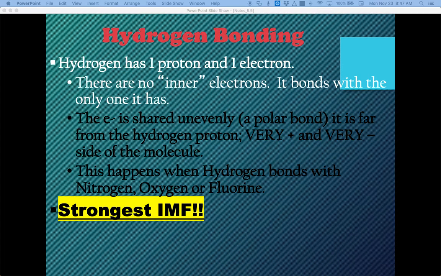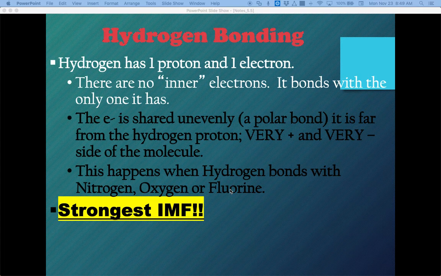Now, this also only happens, and I should have highlighted this, when hydrogen is bonded to nitrogen, oxygen, or fluorine. Hydrogen must be bonded to them. Write that down. Hydrogen must be bonded to them, nitrogen, oxygen, fluorine, in order for this to happen. If you just have hydrogen and oxygen in the molecule, but they're not connected, you don't get hydrogen bonding.